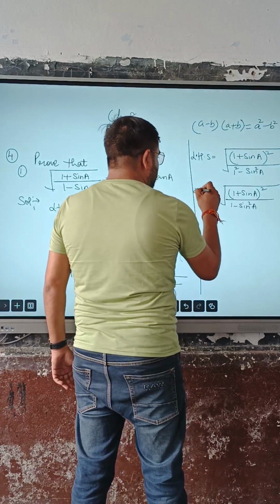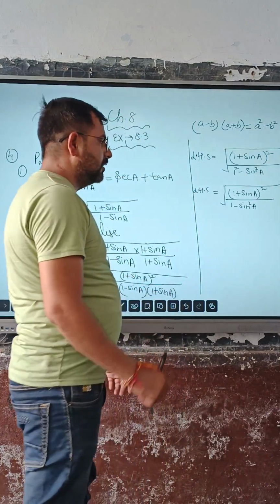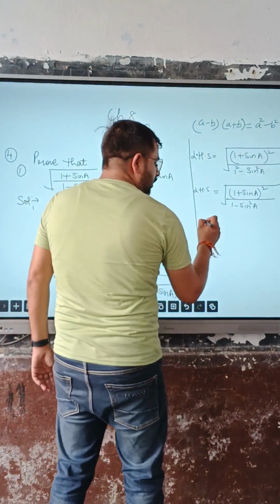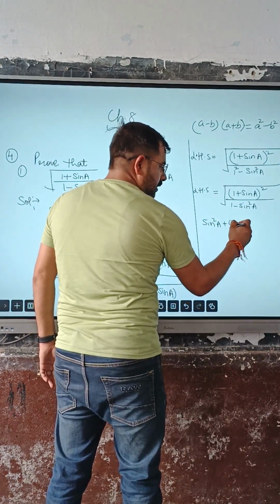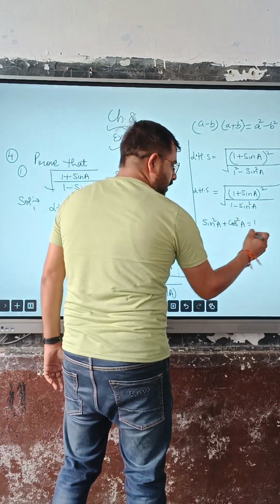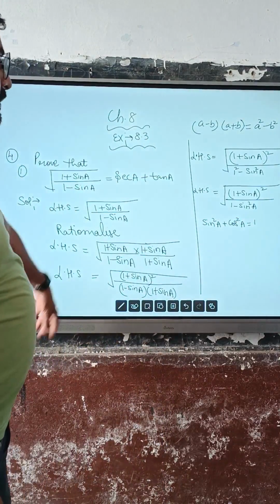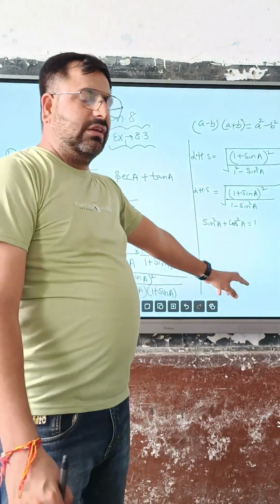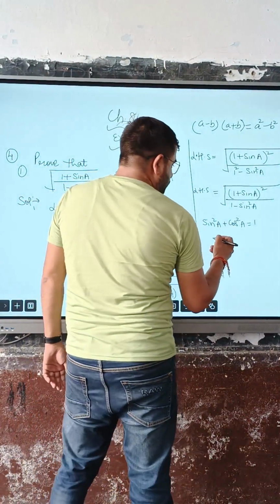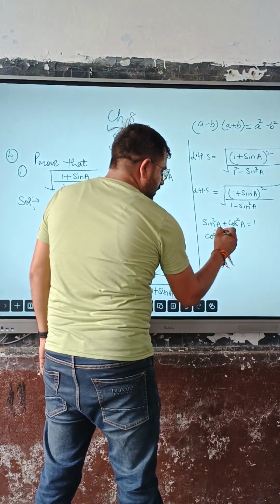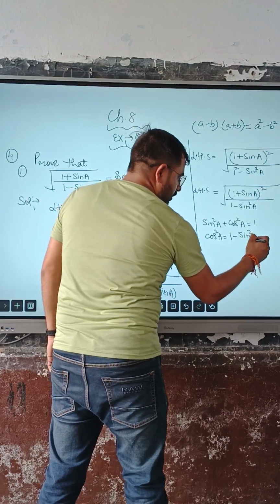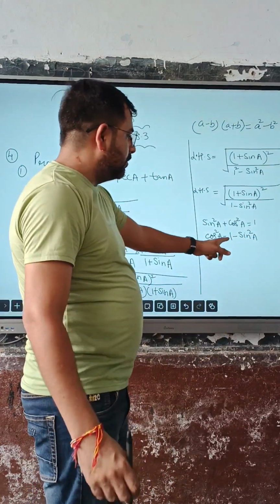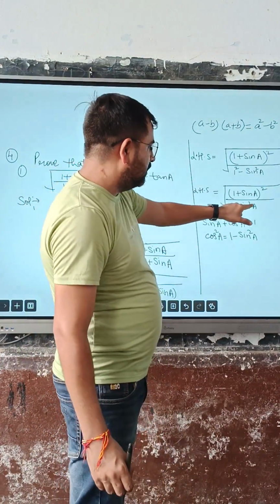Now I am using the trigonometric identity sin square a plus cos square a equal to 1. Using this identity, we find the value of cos square: cos square is equal to 1 minus sin square. So here is the 1 minus sin square.